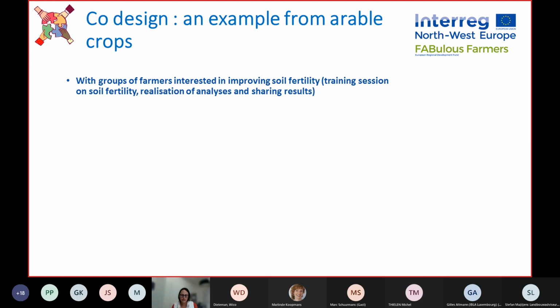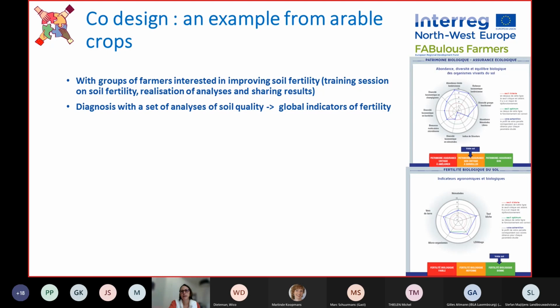And after the results of this set of analysis, they discussed links between indicators and practices. This led to the co-innovation workshop that we organized to build a new cropping system that answers the soil quality question that had been identified with the analysis.